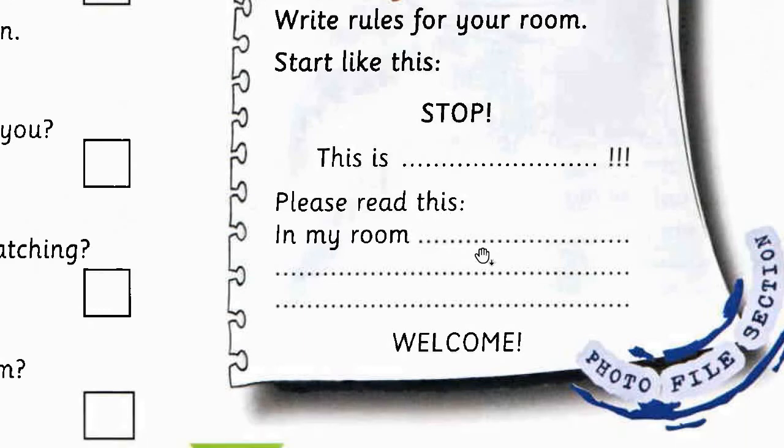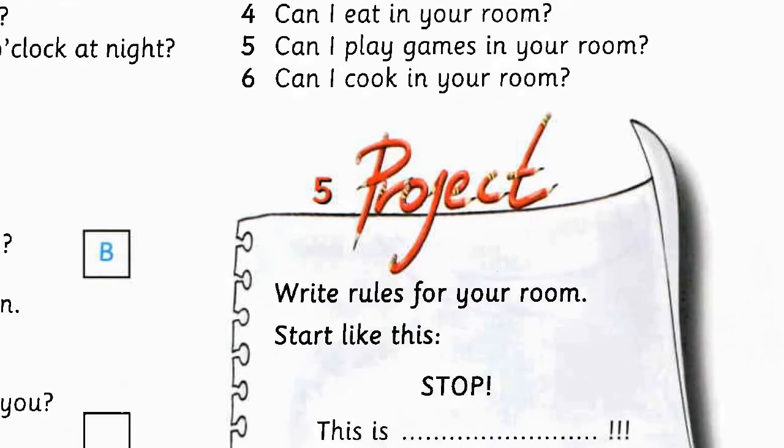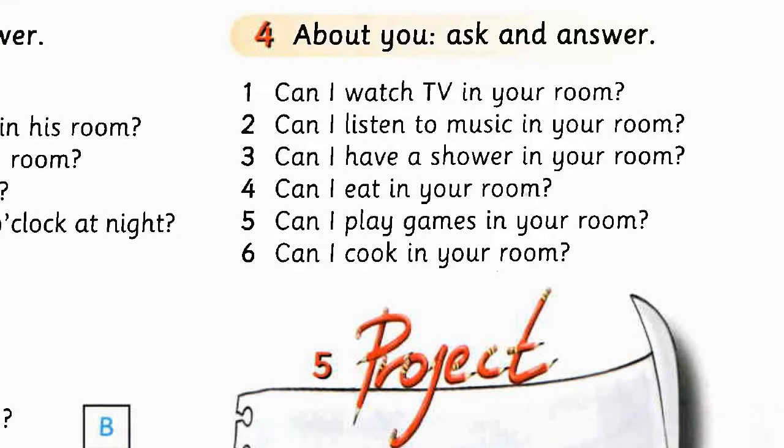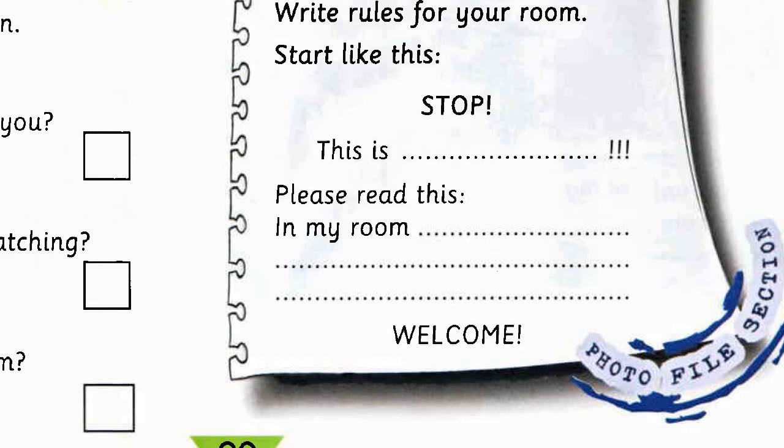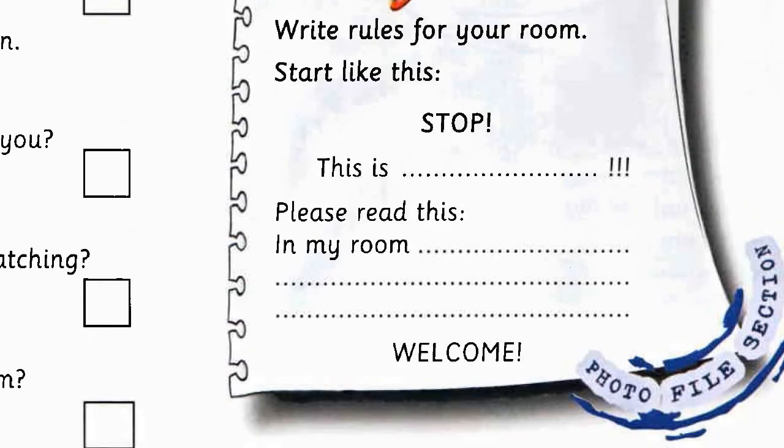In my room, and then you can come up with the solution from the questions to the answers to the questions in full. So here you have to write, for example, in my room you can watch TV, but you can't take my TV, or you can play or watch CDs, you can't take my CDs.